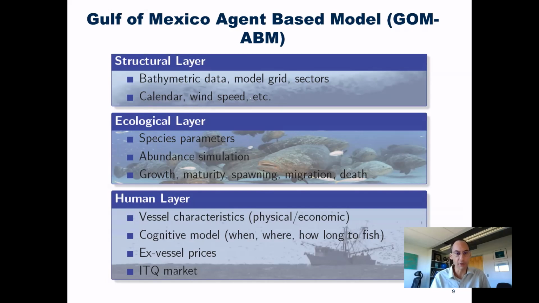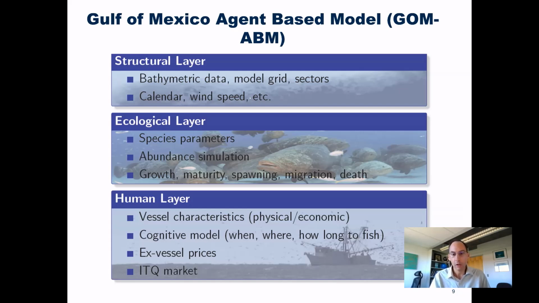And then you have an ecological layer that has the different species and their life history parameters, and simulates their abundance, growth, maturity, spawning, migration, and their natural mortality. And then lastly, there's a human layer, which contains the fishing vessels, all of which are initialized with realistic characteristics in terms of vessel length and engine size and fishing power metrics.